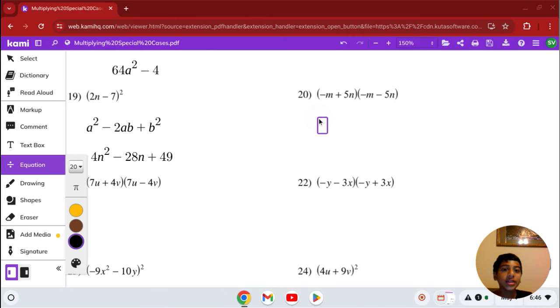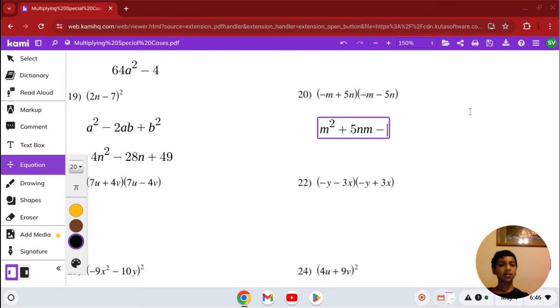Next, we have number 20, (negative m plus 5n) times (negative m minus 5n). So negative m times negative m is positive m squared. Negative m times negative 5n is positive 5nm. You cannot combine two variables and make it 5n squared or 5mn squared. It will just be 5mn or 5nm, it doesn't matter.